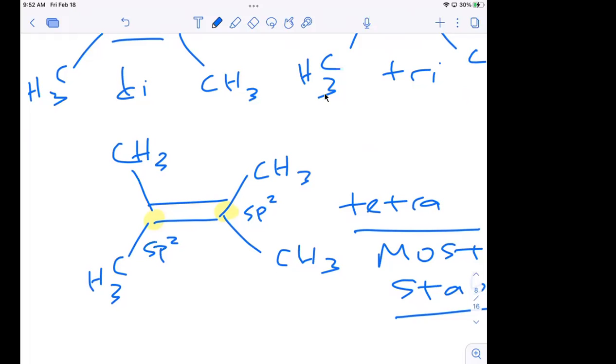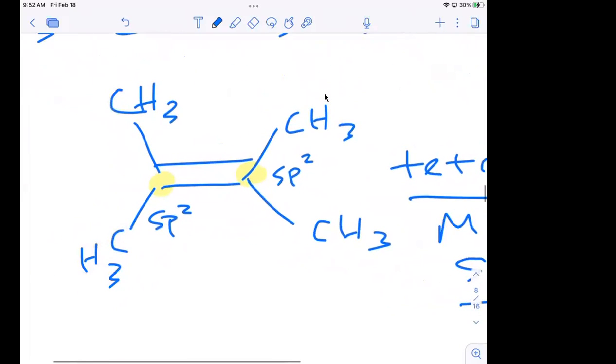Y'all remember that from part one? We talked about percent S character: an sp2 hybridized carbon is more electronegative than an sp3 because it's 33% S, and an sp is more electronegative than an sp2 because it's 50% S. So all of these carbon bonds are donating here.